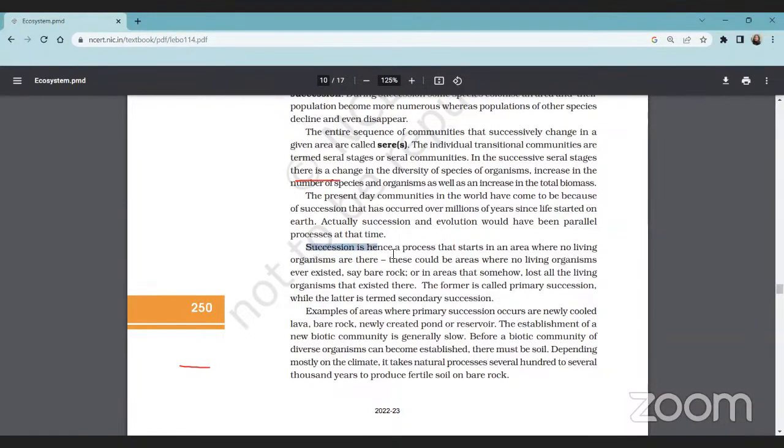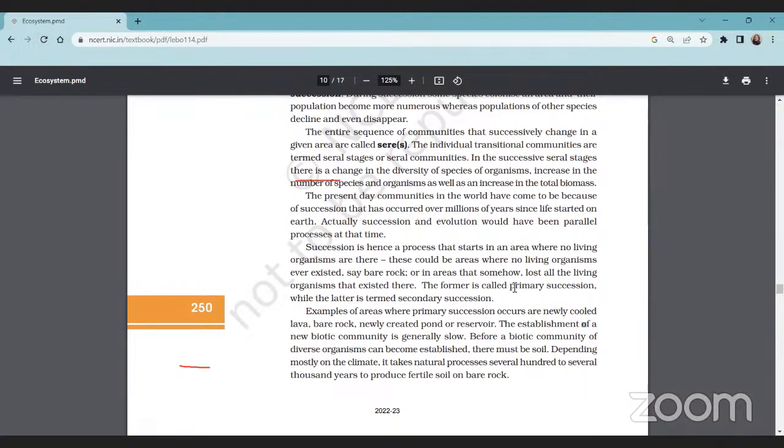Here, succession is a process that starts in an area where no living organisms are there. These could be areas where no living organisms ever existed, like bare rock, or an area that has lost all the living organisms that existed in it.